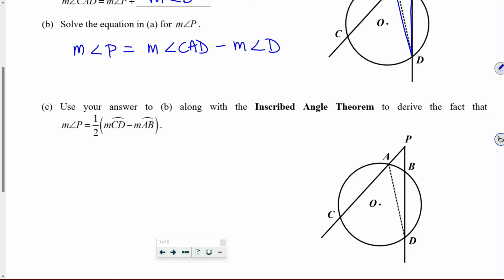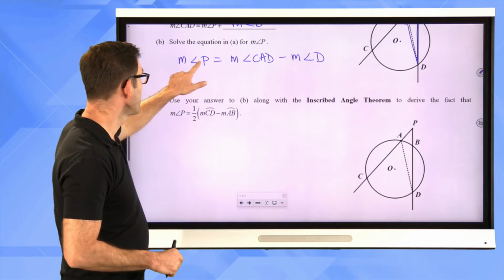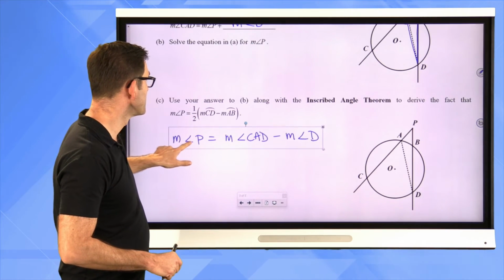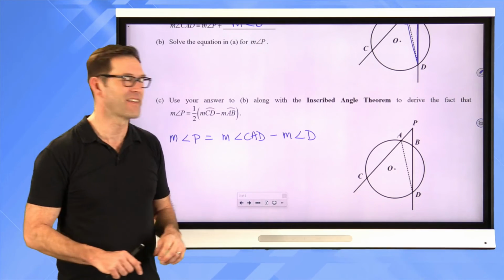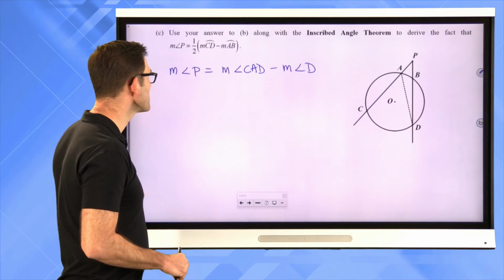Letter C. Use your answer to B along with the inscribed angle theorem to derive the fact that the measure of angle P is 1/2 the measure of arc CD minus the measure of arc AB. All right, well, my first line is actually this line, so I'm just going to move this right down here. No need for me to write it down again, but look at how easy this is going to be now.